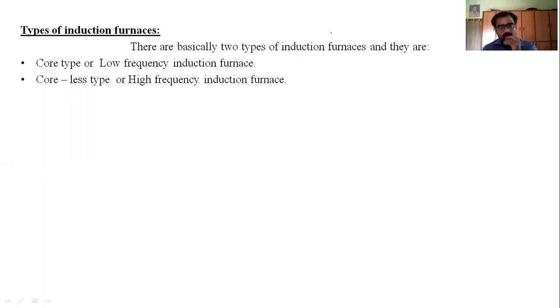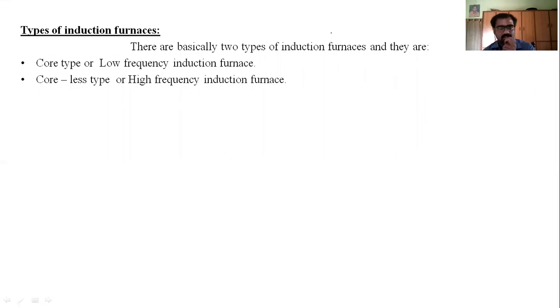Based upon the above factors, where we are going to heat the charge, the furnace has been classified into two types: core type, or else it can be called a low frequency induction furnace, and the second one is coreless type or high frequency induction furnace.